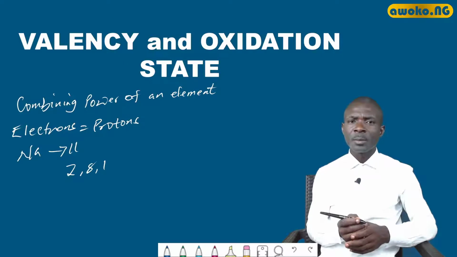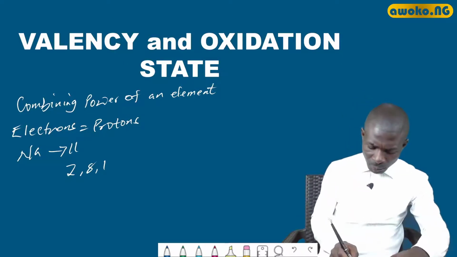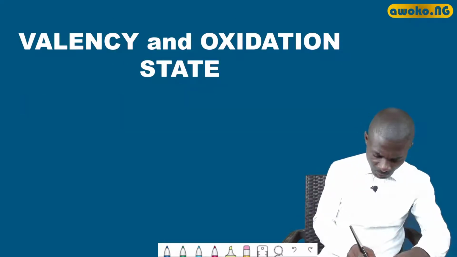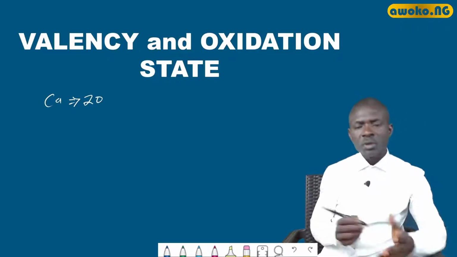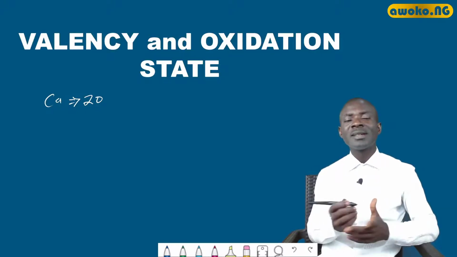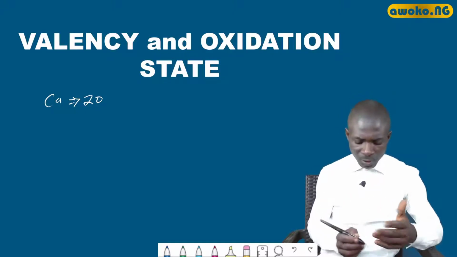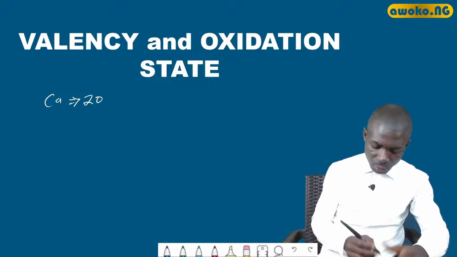A typical example is calcium, Ca, having an atomic number of 20, which means it is the 20th element in the periodic table. So the number of electrons is also 20.